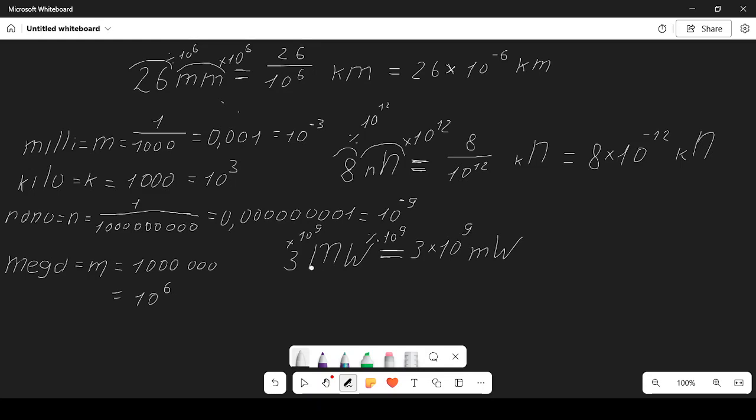We can say that 3 megawatts is 3 multiplied by 10 power 9 milliwatts. I think it's pretty straightforward and there shouldn't be any problems with this. It's quite simple, but at the same time it's important to know how to do this.